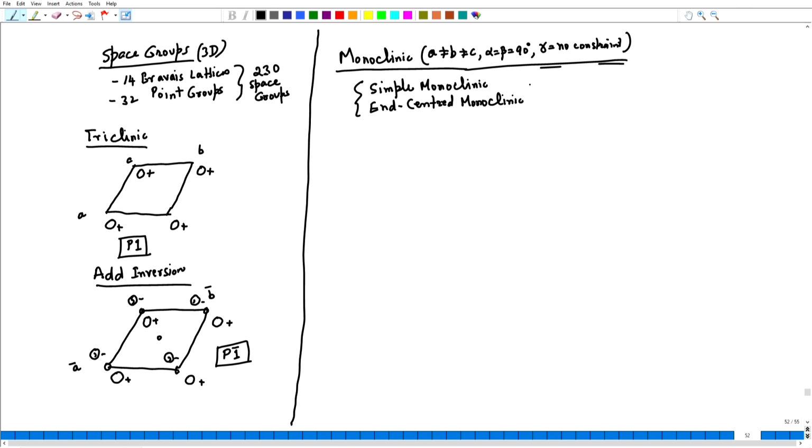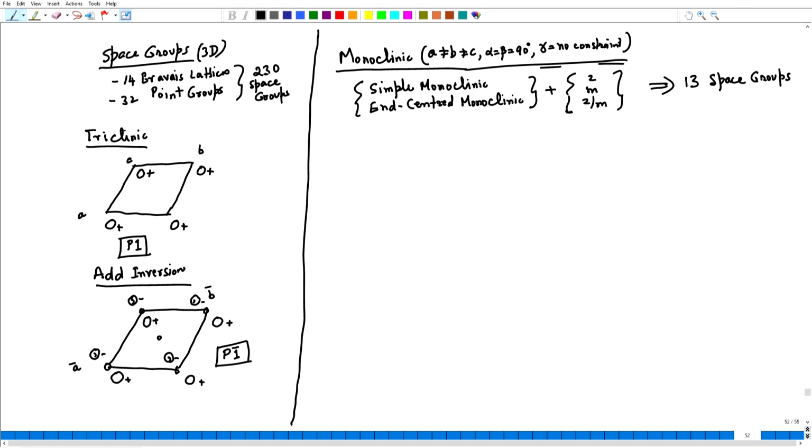These two cells we have seen in the last lecture, and I can add the following point groups: 2, m and 2/m. So, how many space groups should this generate? If I do a simple multiplication, it says that I should get 6 space groups. However, the total number of space groups that we will get is much more, and to be precise, I will get 13 space groups. We will see how.